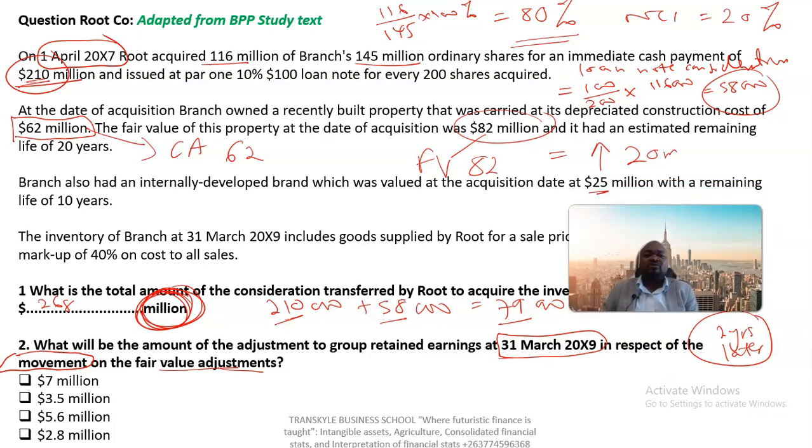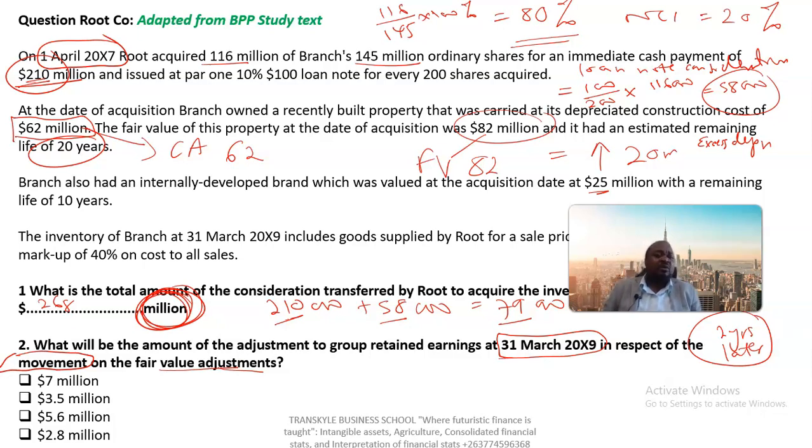However, we also have to consider the depreciation, what we call the excess depreciation. Here we are looking at 20 years. When the property was acquired on 1 April 2007, it had a remaining life of 20 years. It's now 2 years later, which means it has suffered some depreciation.